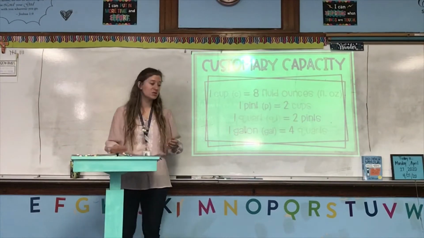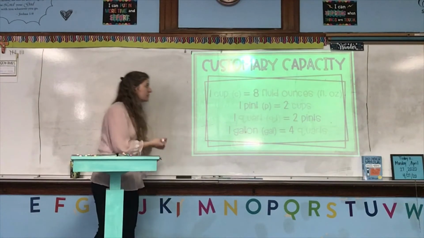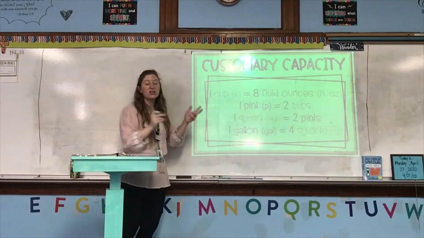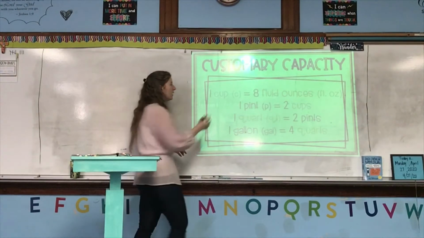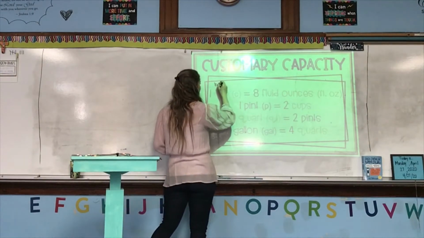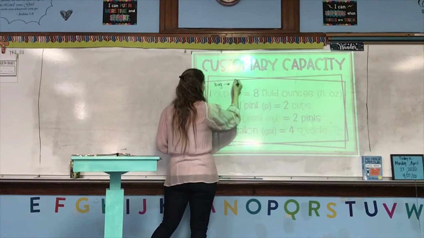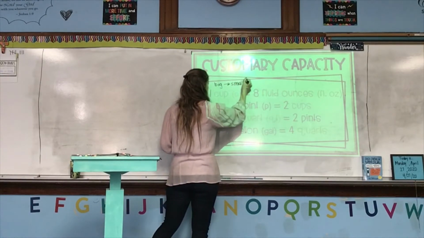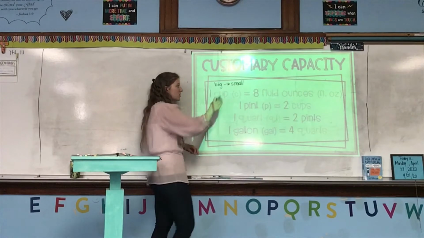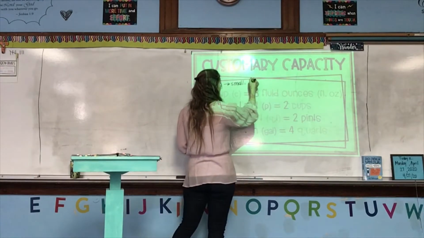Remember, from big to small, you multiply. I'm going to go ahead and write that right here. You don't need to because you have it on the back. But big to small, so that means large units to small units, you multiply.